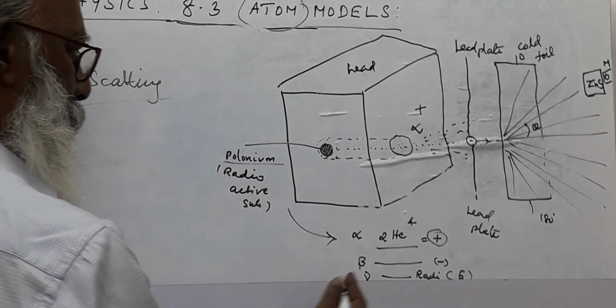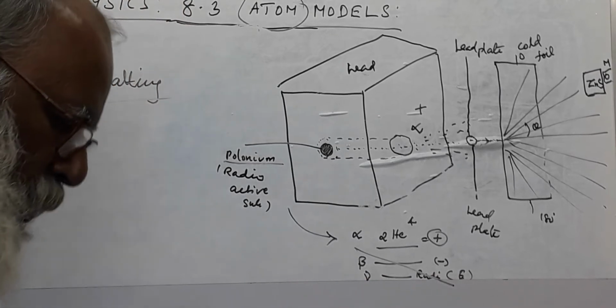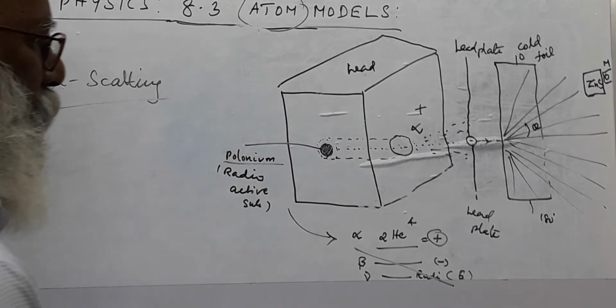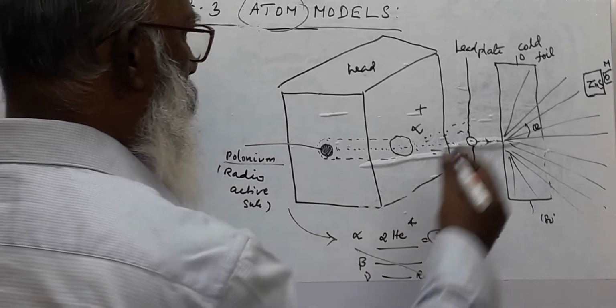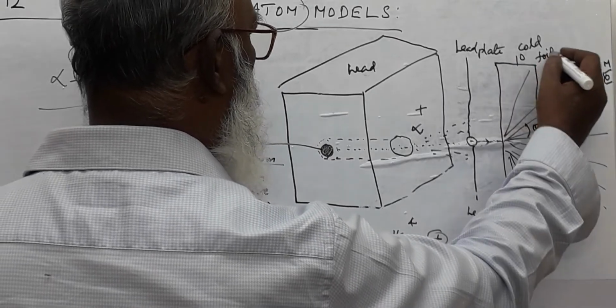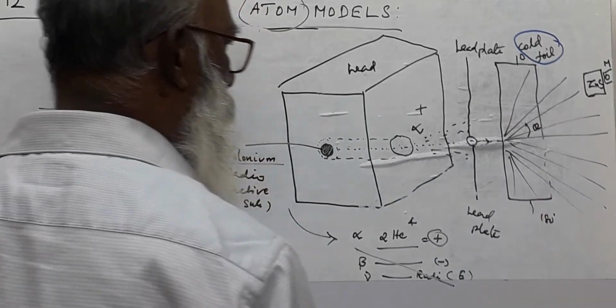That's why in this case we are considering only alpha particles of positive charge, which travel through the gold foil. This is called the gold foil we are having here. What happened here?